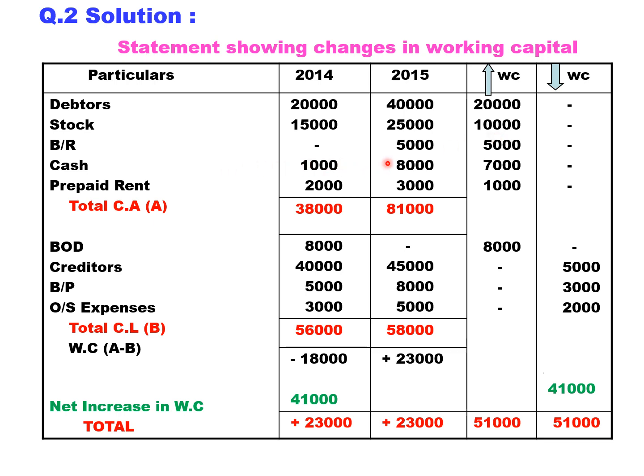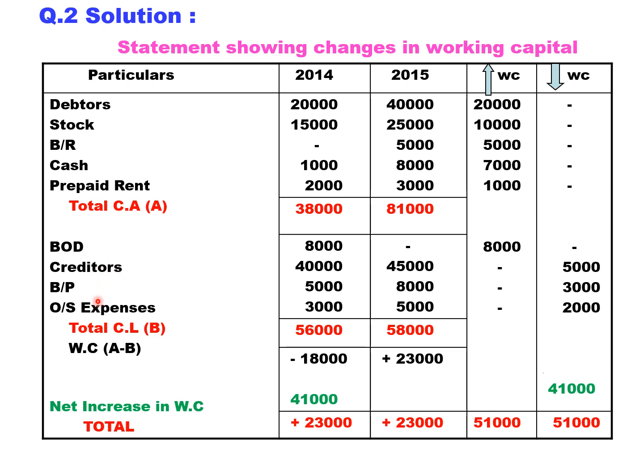BR, there is an increase of 5,000, which will result in increase in working capital of 5,000. Cash, there is an increase of rupees 7,000, will result in increase in working capital. Prepaid rent, there is an increase of 1,000, will result in increase in working capital. So total current assets of 2014 is 38,000 and 2015 is 81,000.